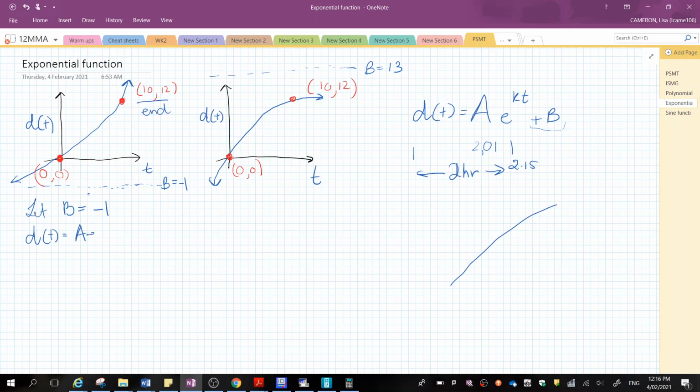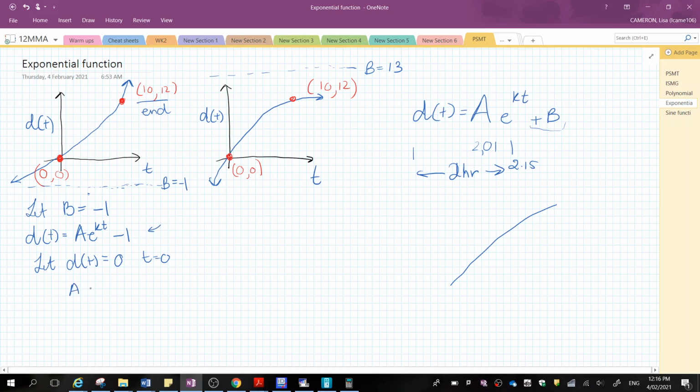So d(t) = a e^(kt) - 1. Now I'm going to let d(t) equal, I'm going to choose 0, 0 first because it's just going to make my life easier. So I'm going to let that equal 0 and I'm going to let t equal 0 and substitute them into this formula here that I'm developing.